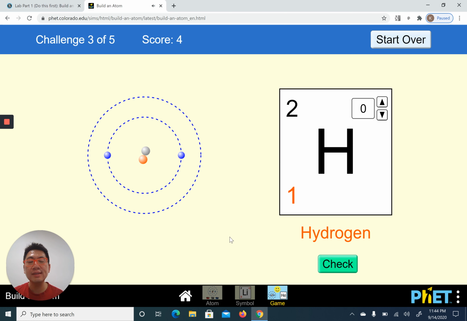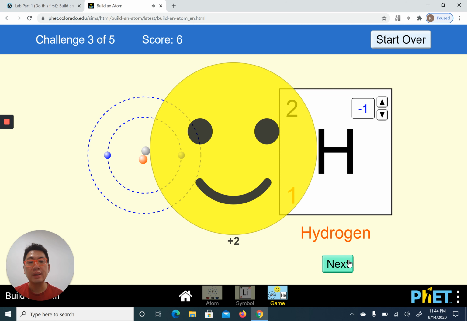And 1 more of these. What is the upper right number given this diagram? That's the charge. I have 1 positive and 2 negatives, which gives me an overall charge of -1. Okay.